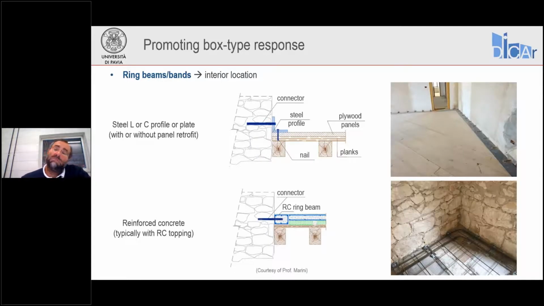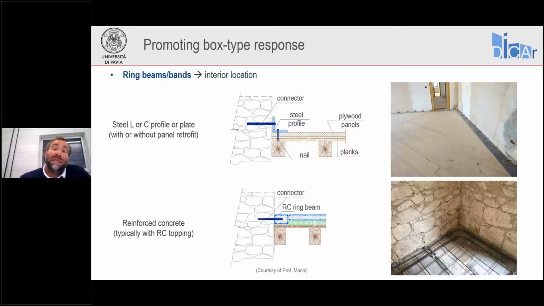Here I'm showing two solutions. There are many, actually. The one at the top makes use of steel profiles or steel plates, can be L-shape or C-shape profiles or flat plates, which need to be connected to the diaphragm and to the wall.